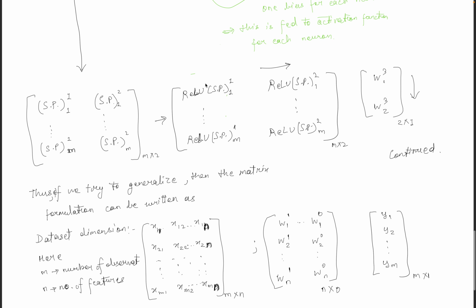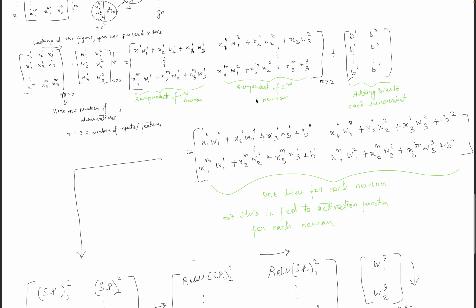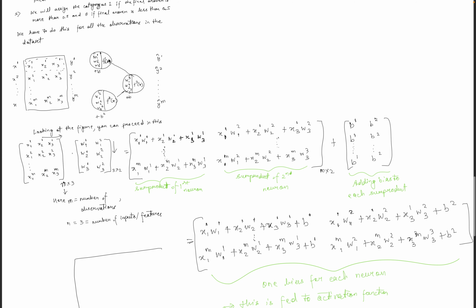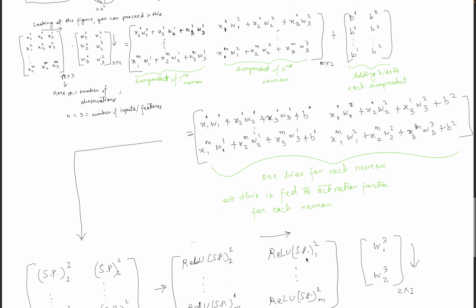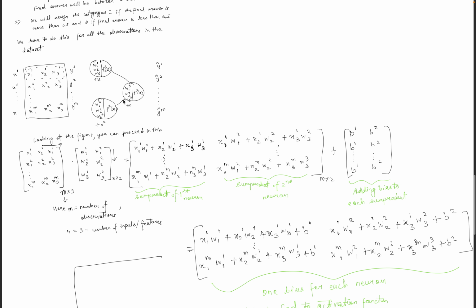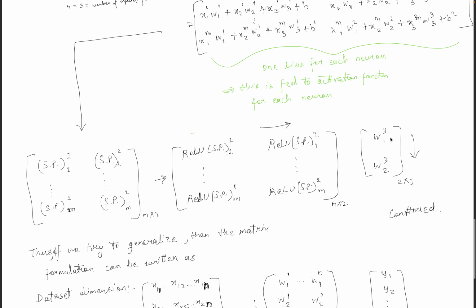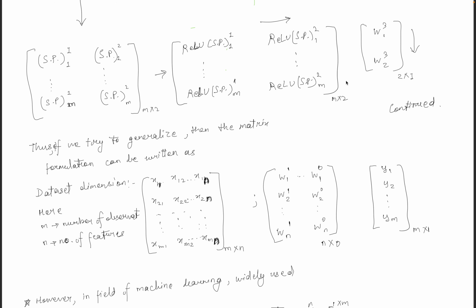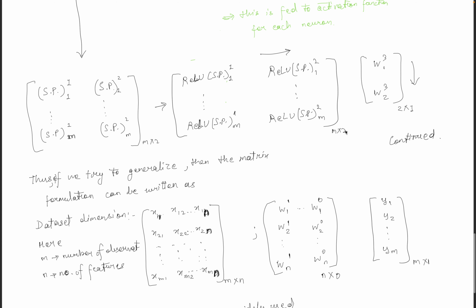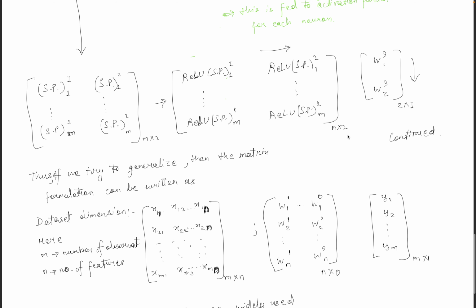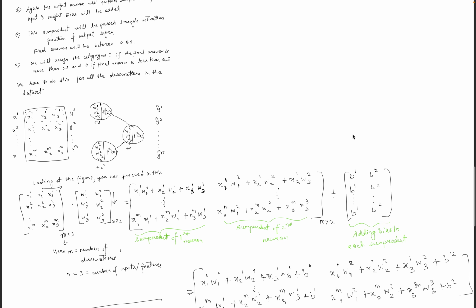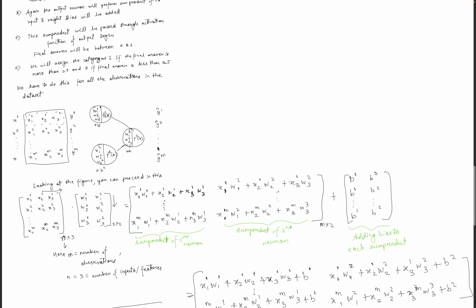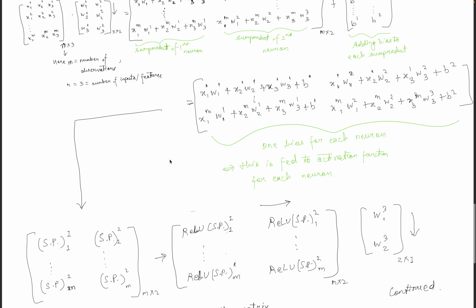So this ReLU sp1 will be the input from this, ReLU sp2 will be the input from this, and these will have certain weights w1 w2 associated with them, but for the third neuron. If you perform matrix multiplication, you can see that this is m cross 2 and this is 2 cross 1. So the final dimension will be m cross 1, which is consistent with our framework, because the output is m comma 1 or m by 1.